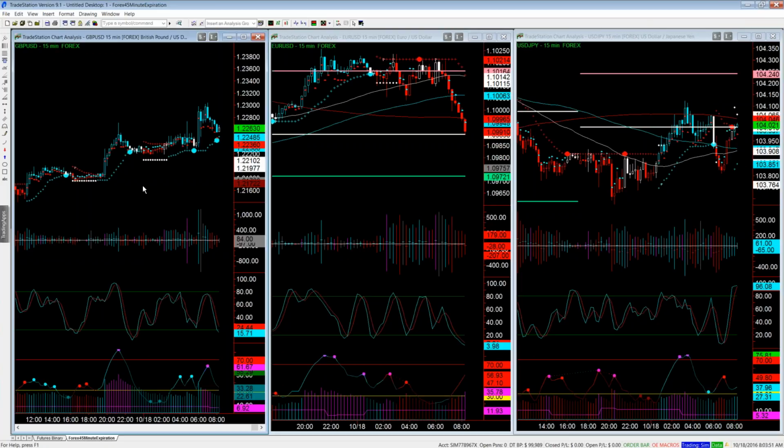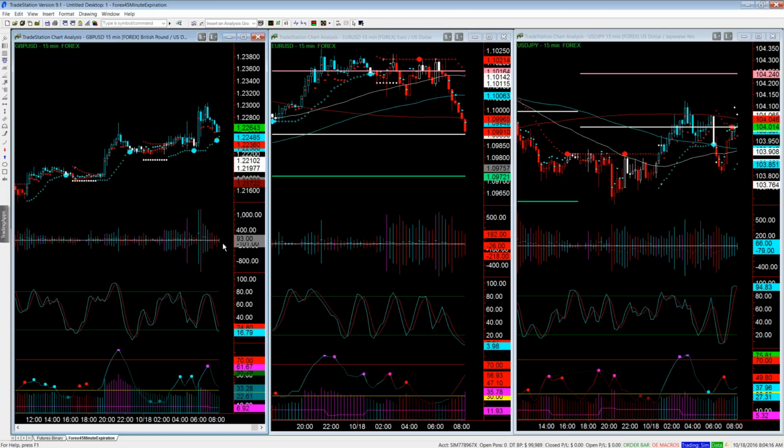That would be the only two trades that are potentially available anytime you see the white dots plotted on the screen. Directly under that, we have the directional volume indicator. The directional volume indicator actually shows you all the buyers and all the sellers on each individual bar. The blue volume bar tells me that price has made a high. The red volume bar tells me that price has made a low.